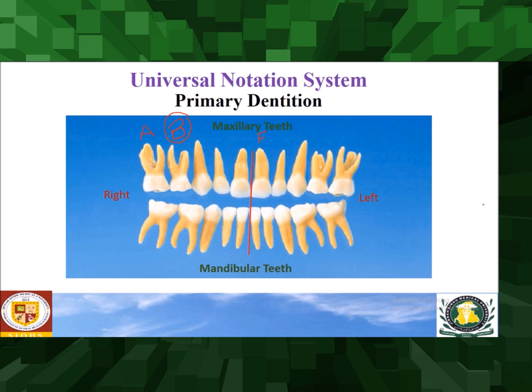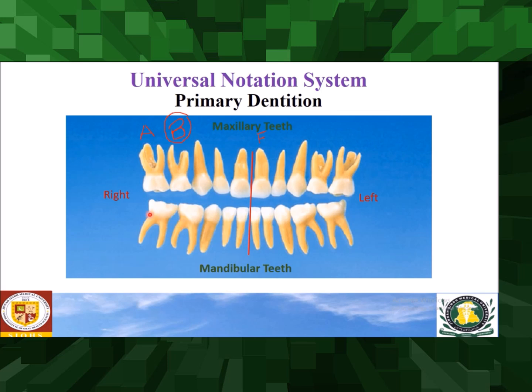Now we will do another exercise for the right mandibular second molar. This tooth is the right mandibular second molar. This is the first molar, mandibular molar of the right side. This is the second.